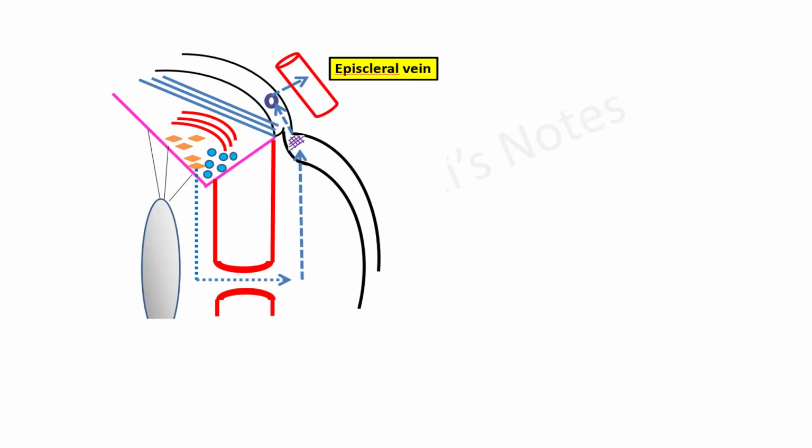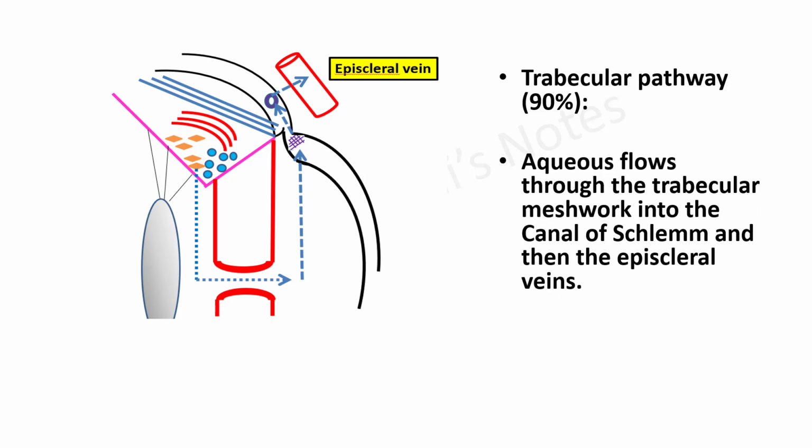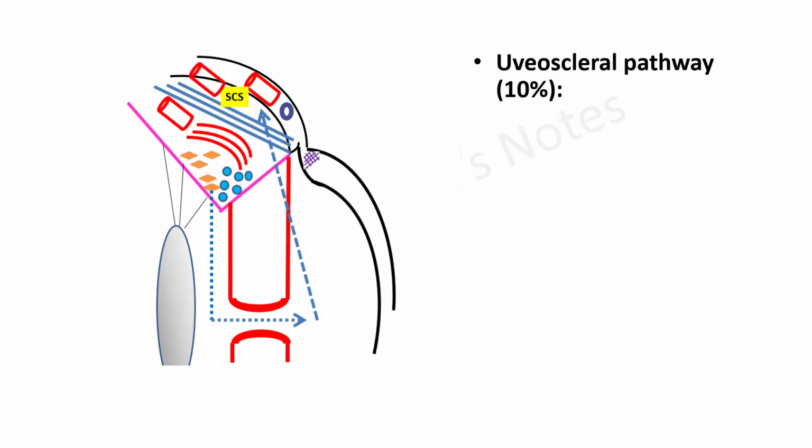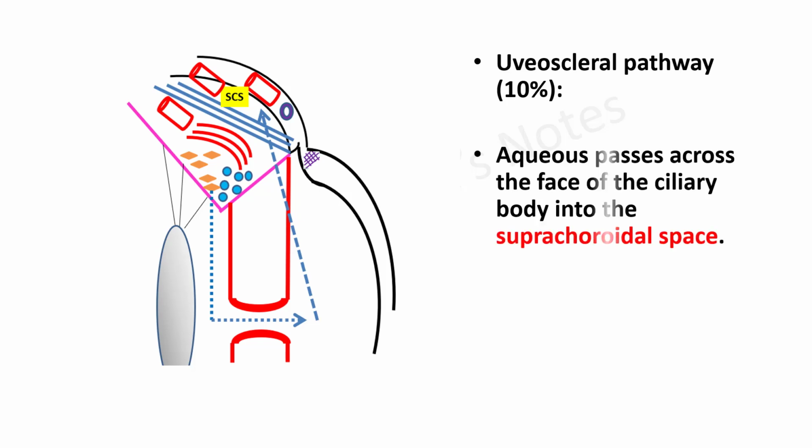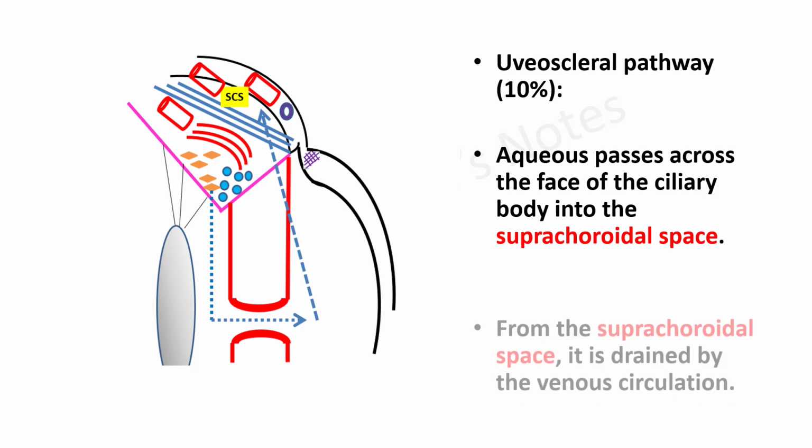The principal route, through which 90% of the aqueous humor drains, is called the trabecular pathway. The aqueous humor flows through the trabecular meshwork into the canal of Schlemm and then proceeds into the episcleral vessels or episcleral veins. 10% of the aqueous drains via the uveoscleral pathway, where the aqueous passes across the face of the ciliary body into the suprachoroidal space.